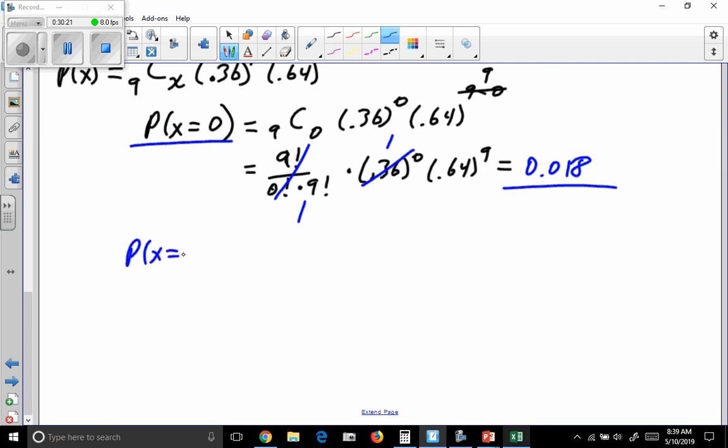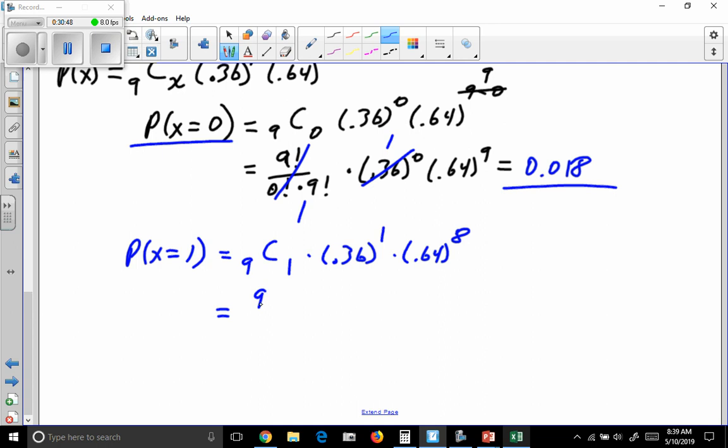Now let's find the likelihood of only one person in our group being in favor of drones. So this time, out of 9 people, 1 is in favor. So 0.36 one time, 0.64 8 times. Successfully finding someone, and then people that are not in favor.